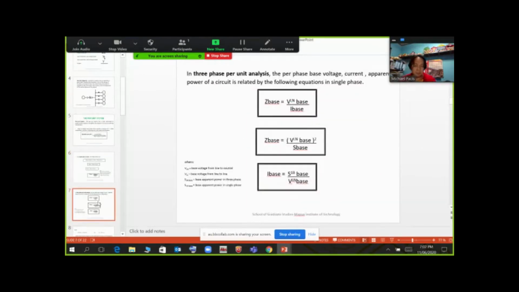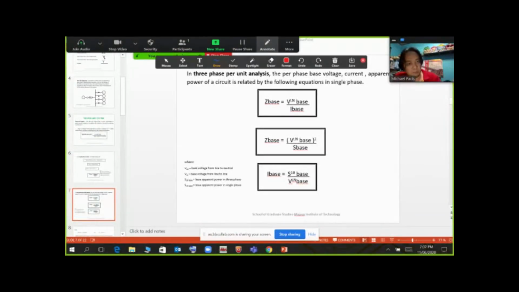Now, in terms of three-phase systems, the only difference is the voltages are in terms of line to line, and the total apparent power is now in terms of ST. Please take note that we discussed from the previous slide that the line to line voltage is simply square root of 3 times V phase.